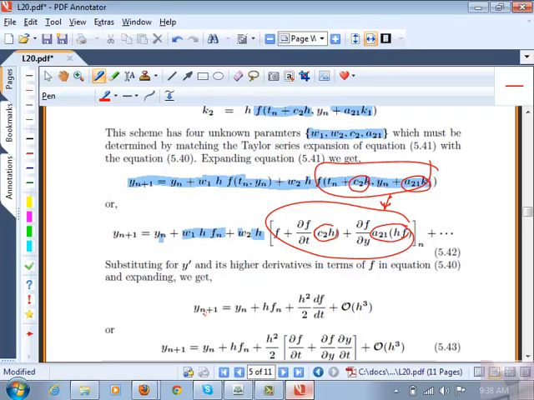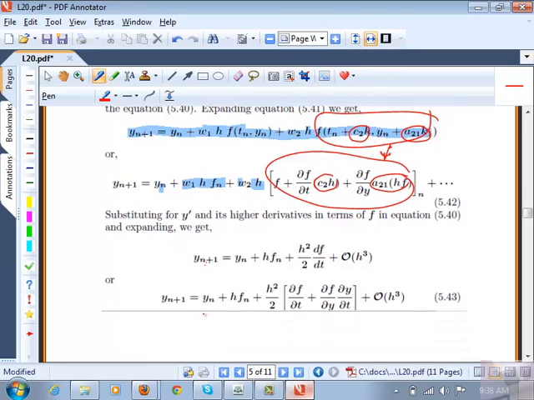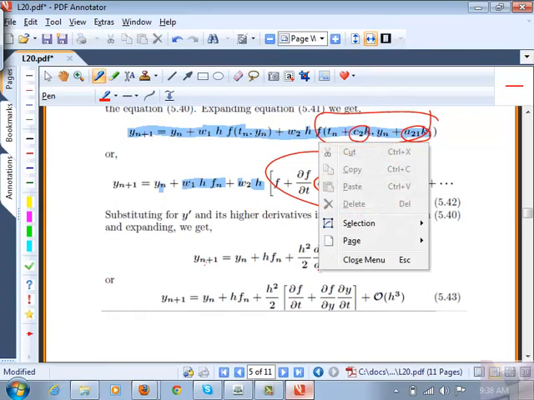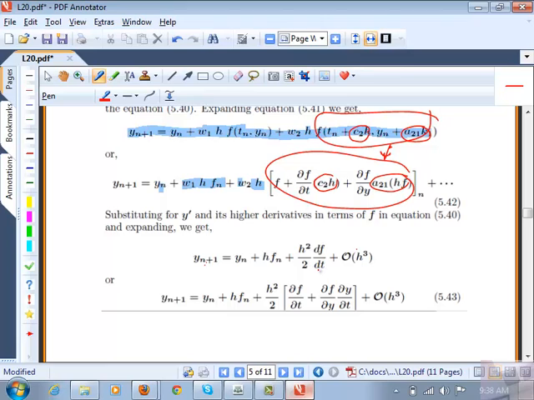You cannot make W1 equal to 1 because there is also an h f_n here. Everything that multiplies h f_n, all the coefficients there must be collected, because all I want is to make the coefficient that multiplies h f_n the same. So the real condition is W1 plus W2 must equal 1.